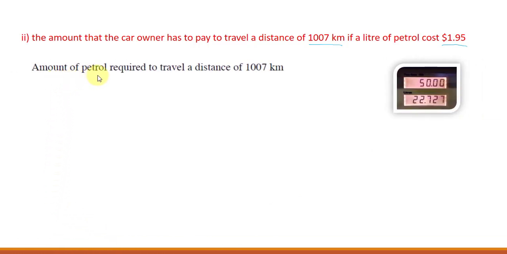The amount of petrol required to travel a distance of 1007 kilometers, what will it be?